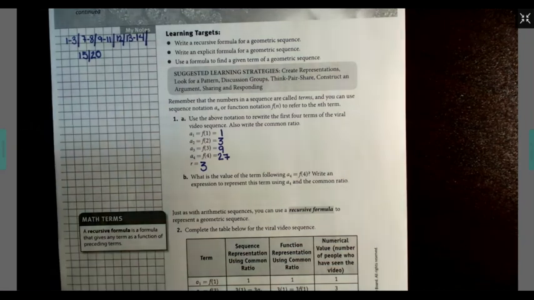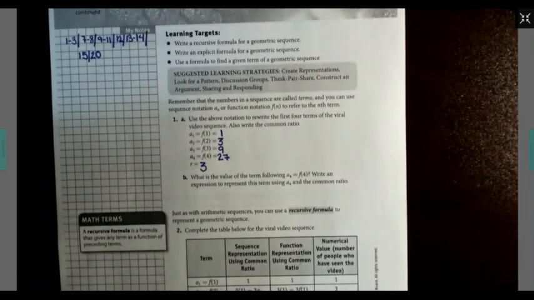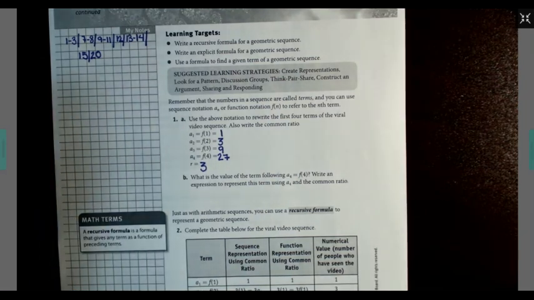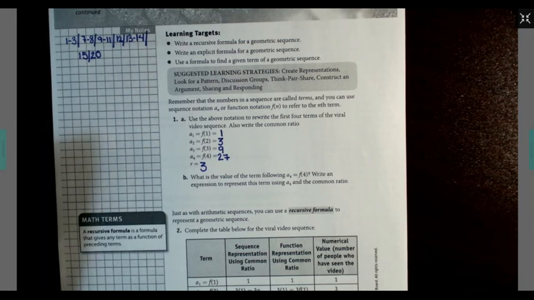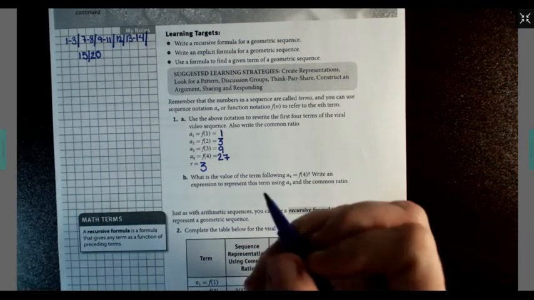Well, how would I get to the next number in the sequence? We would want to multiply. Multiplying by 3. So we're going to take our number, and our number is currently 27, and we're going to multiply by 3, right?